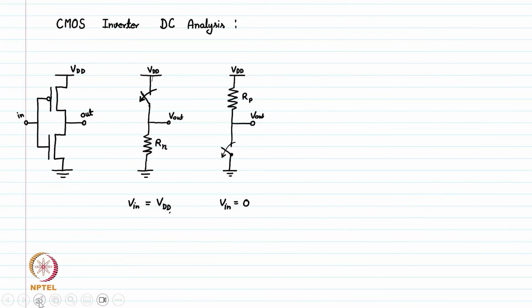There are a few points we can notice here. The low and high output levels equal VDD and ground.